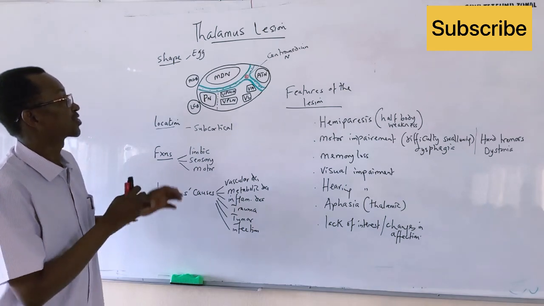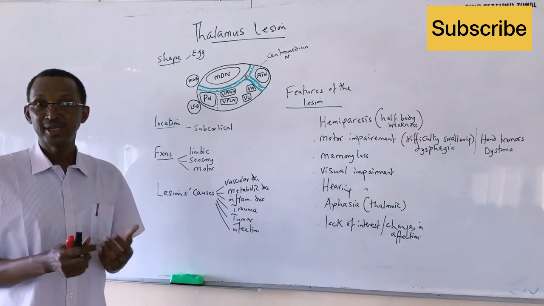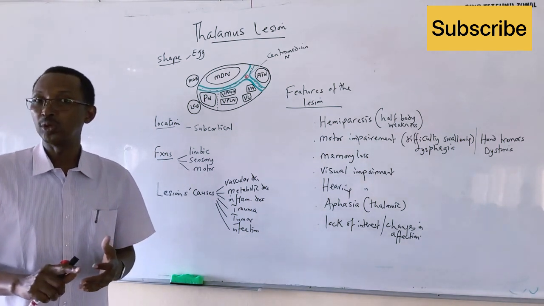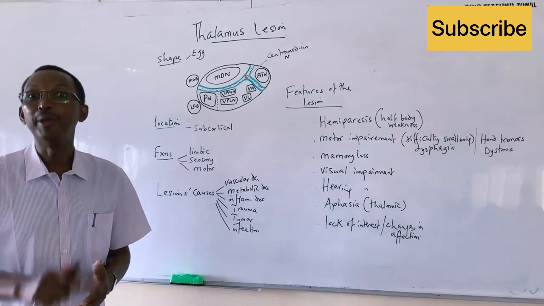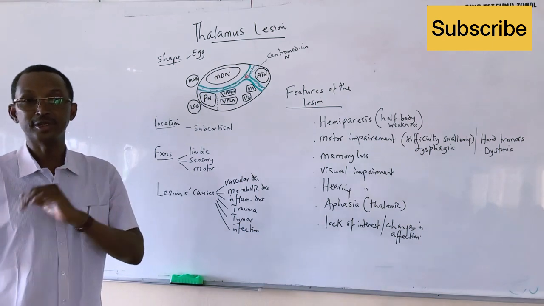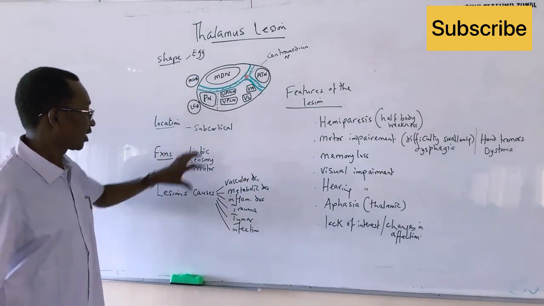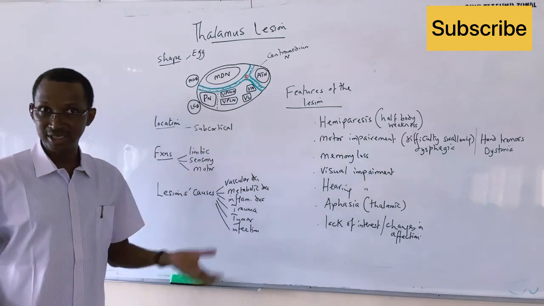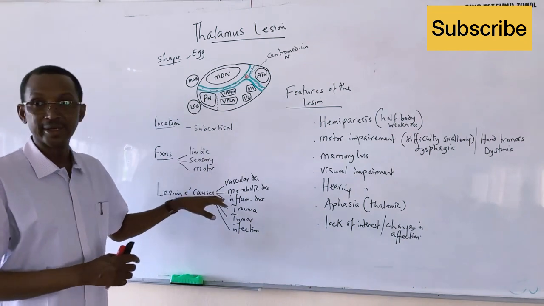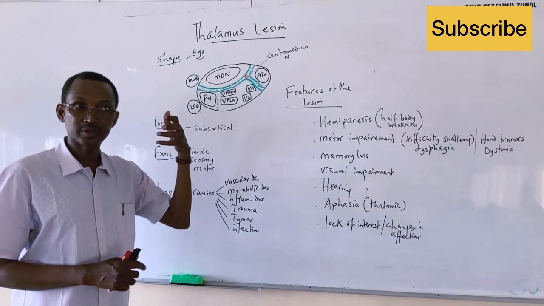So we have now seen different functions of the thalamus: special senses, general sensation, motor function, and limbic function. Are you clear? These are the different functions of the thalamus. So now, the thalamus can be damaged or can have problems as a result of the following. There are vascular diseases that can affect the thalamus.